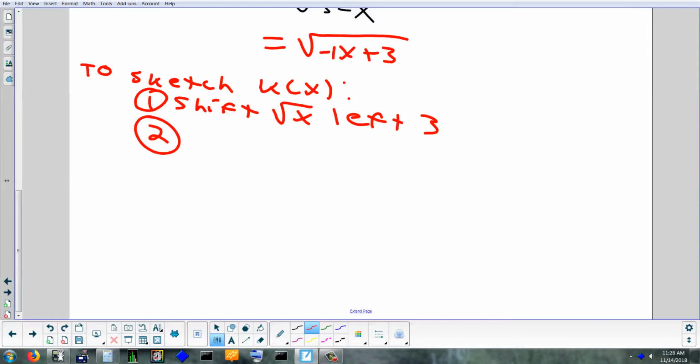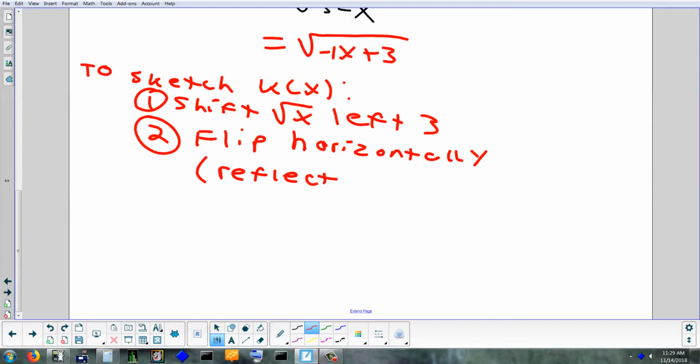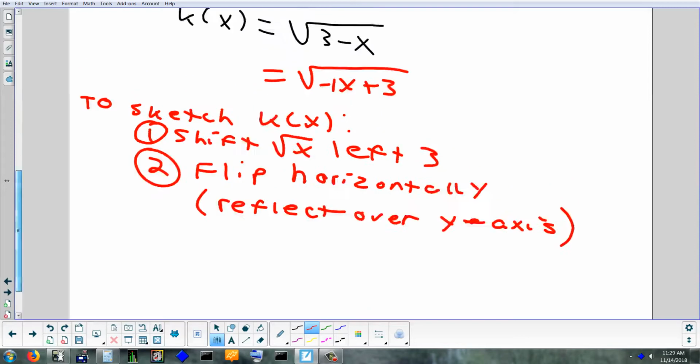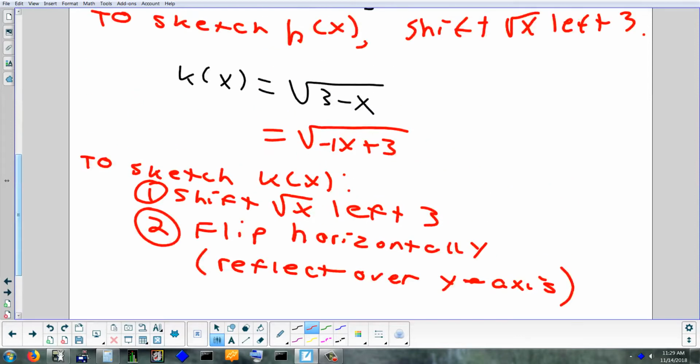It's going to flip horizontally. So flip, or you could say reflect. Flip horizontally. What does that really mean? Reflect over y-axis. Okay, I know it's weird. Y-axis is vertical, but that's how a horizontal flip works. It's over the y-axis. Mirror image. That's it. Any questions on that one?